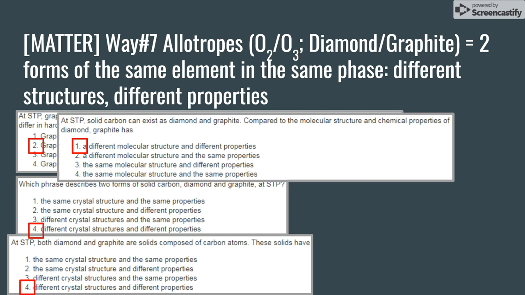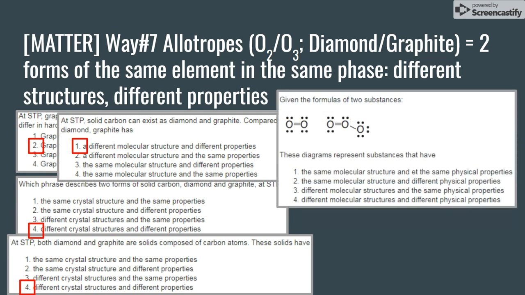Given the formulas of two substances, these diagrams represent substances that have, in case you're not sure what this is, just look at how many atoms there are. This is 2 oxygens, so this has to be O2. Here's oxygen. 3 oxygens, so you have O3.